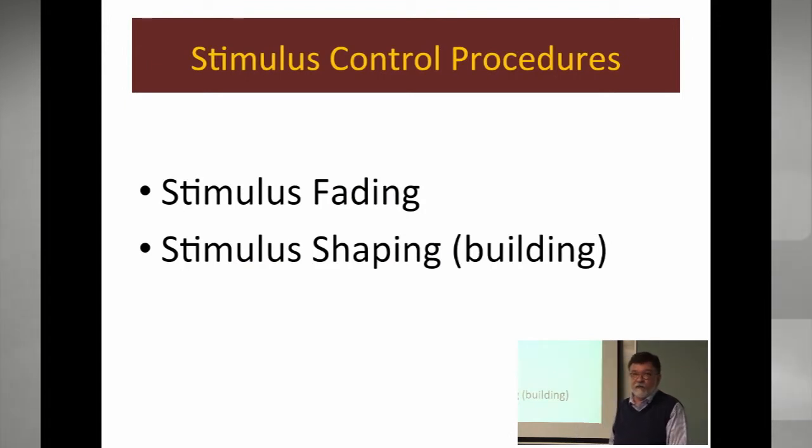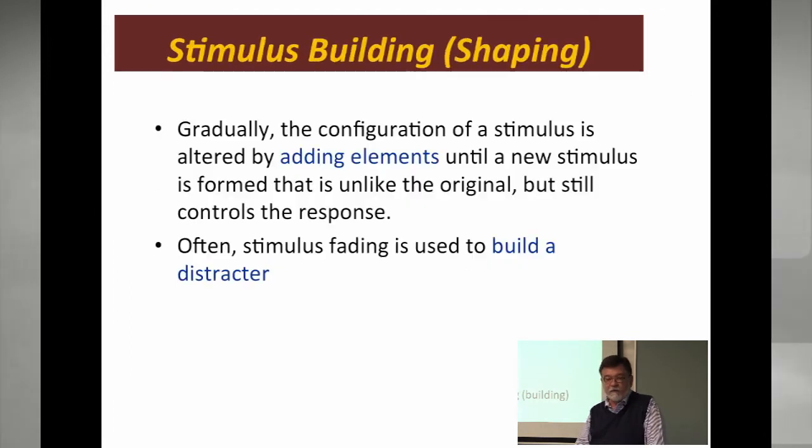Well, at the outset of our presentation, we started talking about stimulus control procedures, which involve stimulus fading and stimulus shaping, which some people refer to as stimulus building. So if you take a quick look at stimulus building, gradually the configuration of a stimulus is altered by adding elements until a new stimulus is formed.